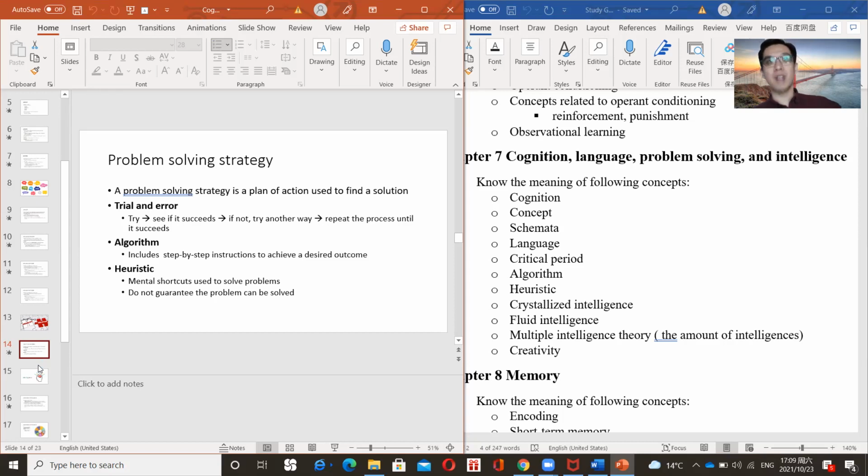Suddenly there is a solution that comes to the mind, and people feel like that is the right way to solve that problem. That is a heuristic. It's very quick, but it does not guarantee the problem can be solved. Oftentimes the heuristics are wrong, but it's so quick. People rely on heuristics oftentimes, not all the time.